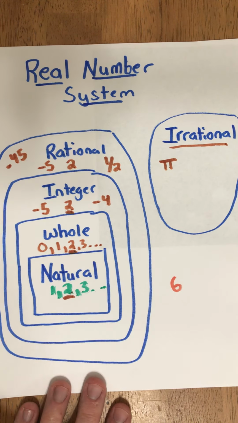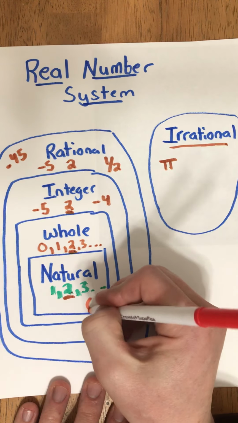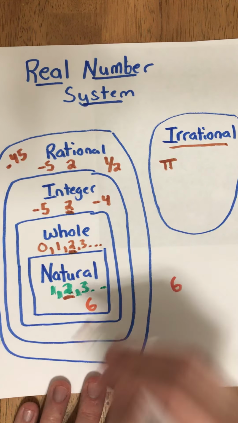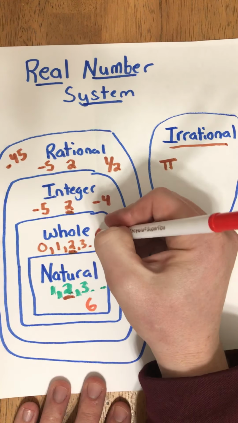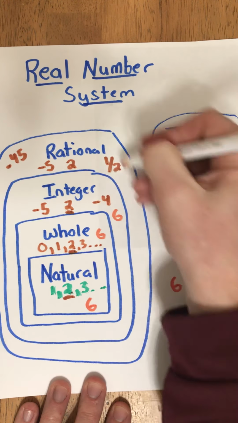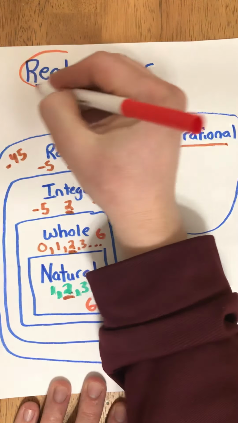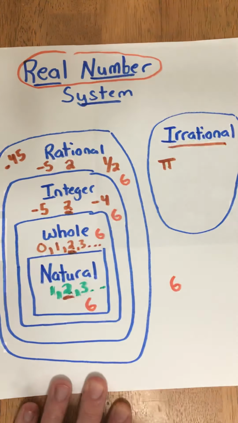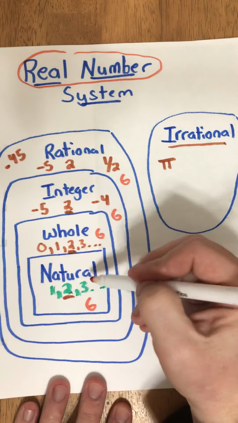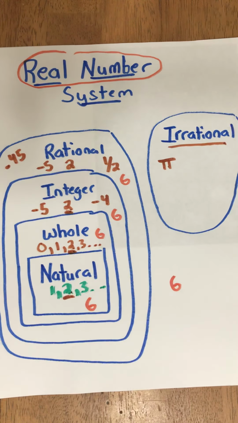In this case, 6 is a natural number, so I'm going to put that here. Now, if it's natural, it's also going to be whole, it's also going to be an integer, it's also going to be rational, and anything that's in any of this paper is also called a real number, which is why it's called the real number system. So 6 is all of these things.